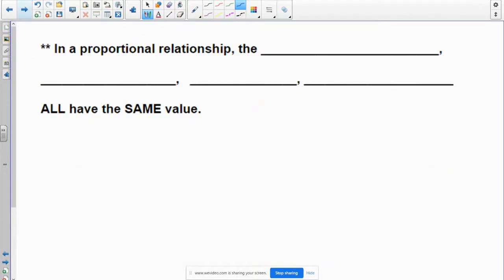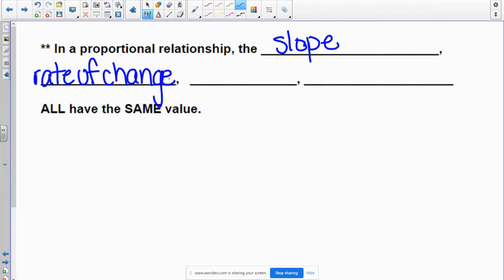So a couple things about proportional relationships is that the slope, we're just going to name a slope as many ways as we know. The slope, also I've called it the rate of change. And I know you've heard that in your lower middle school years. Unit rate.